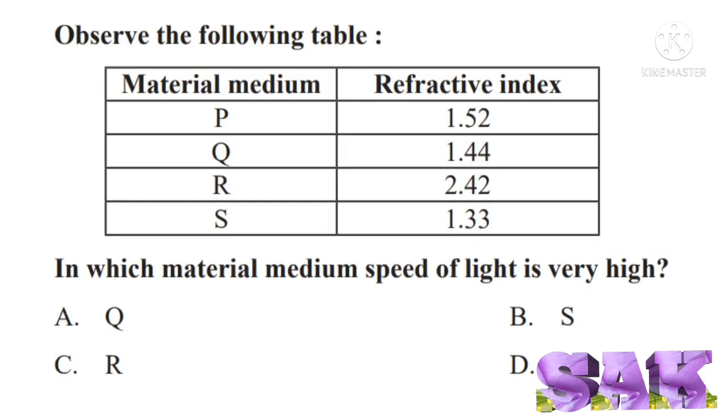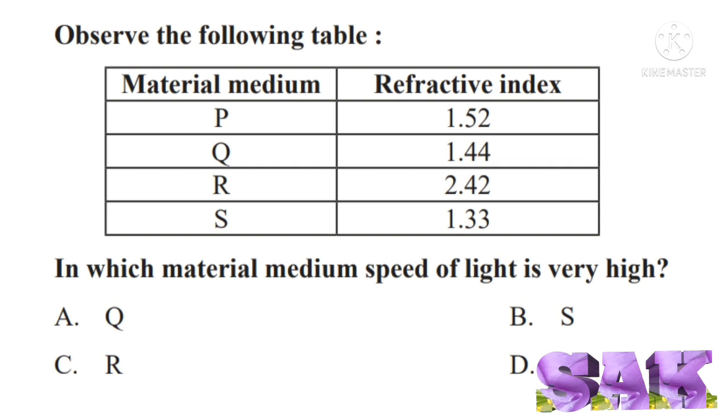Next question, observe the following table. Material medium P, Q, R, S and their refractive indexes are given. Question, in which material medium speed of light is very high? Lesser the refractive index of the medium, higher the speed of light.